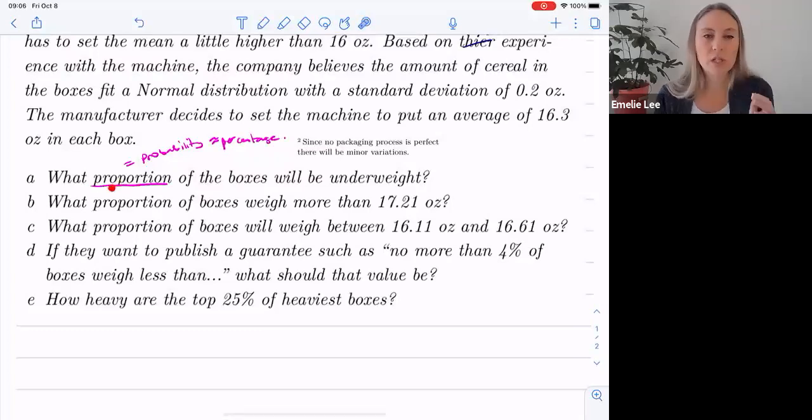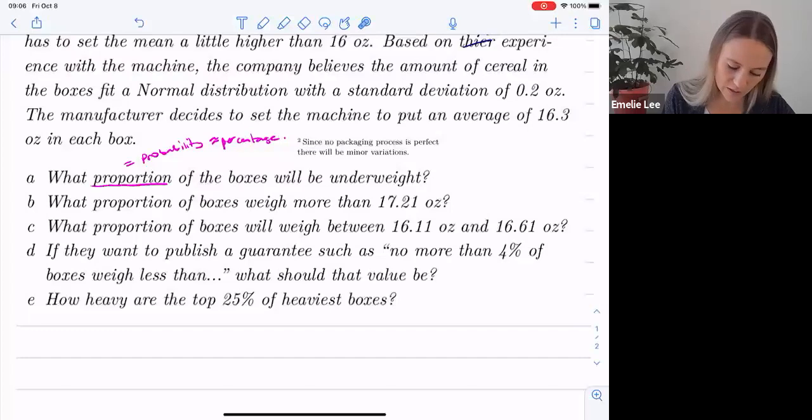The question could have had any one of those words here, and the goal is still to find the area under the normal curve. We often have these tricky questions where we need to understand what it means to be underweight. In this case, an underweight box is anything less than 16 ounces.